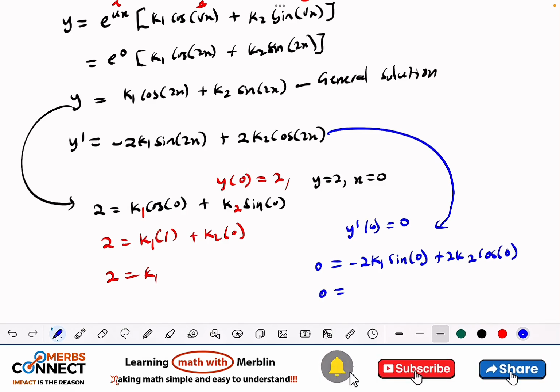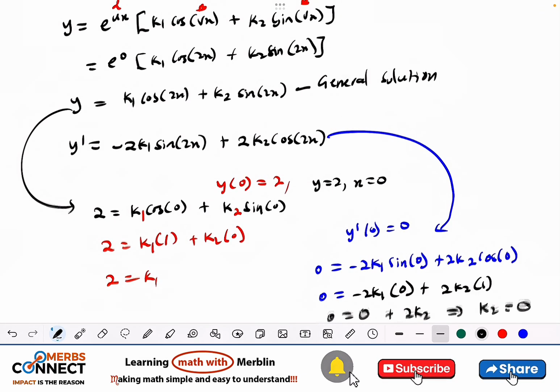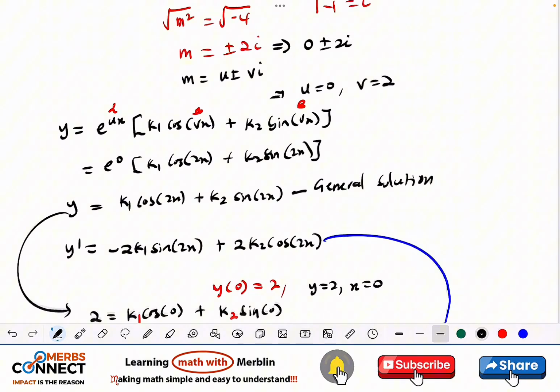Sine 0 is 0, so this is minus 2k1 times 0, plus 2k2 times 1. So 0 is equal to 0 plus 2k2, and this implies that k2 is also equal to 0. Good. So with that, we can write the particular solution.